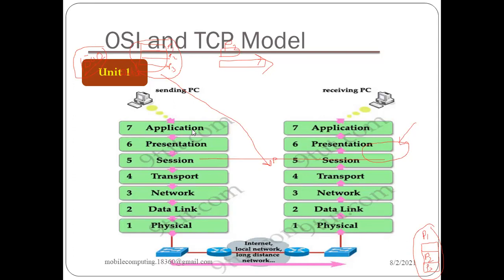Then there will be a transport layer, which is about how multiple applications can be distinguished, right? It means that in a system we do not have only a single application, we have multiple applications, and all those applications are distinguished with the help of port numbers.